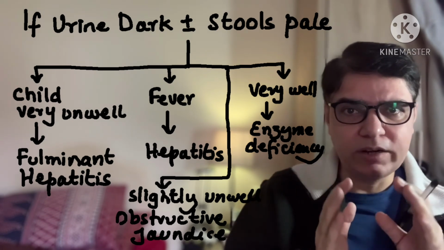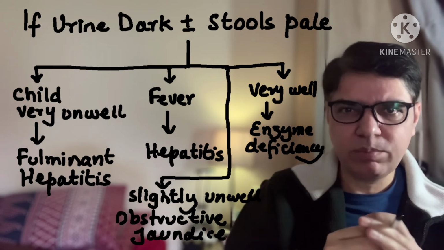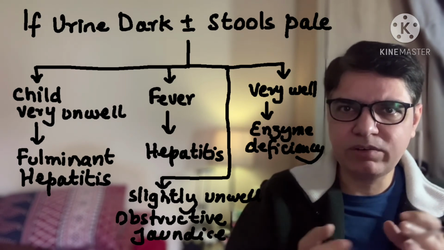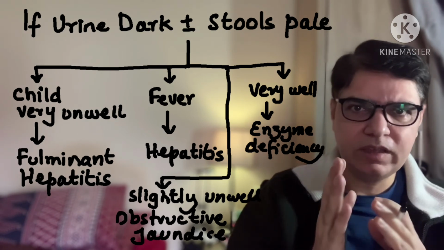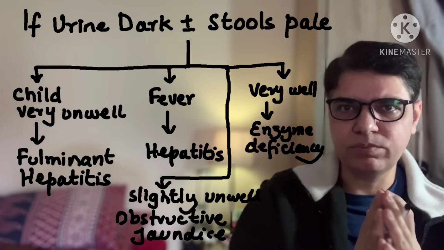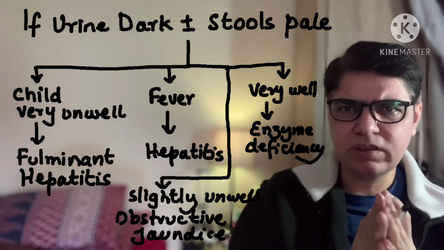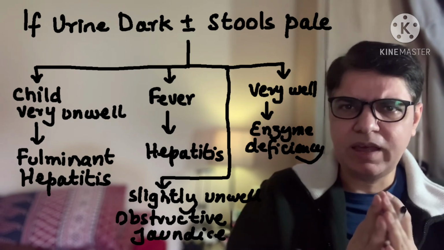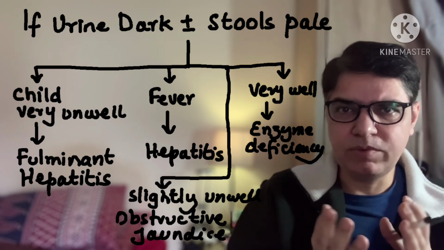Now, if the child who is jaundiced has got discolored urine or pale stools, but otherwise looks very well, I mean he's running around and thriving well, then again think of enzyme deficiency. Conditions like Gilbert syndrome and Dubin-Johnson syndrome can often present with jaundice, but otherwise they are very well and thriving, there is no fever, and they seem to be well, apart from being just jaundiced.